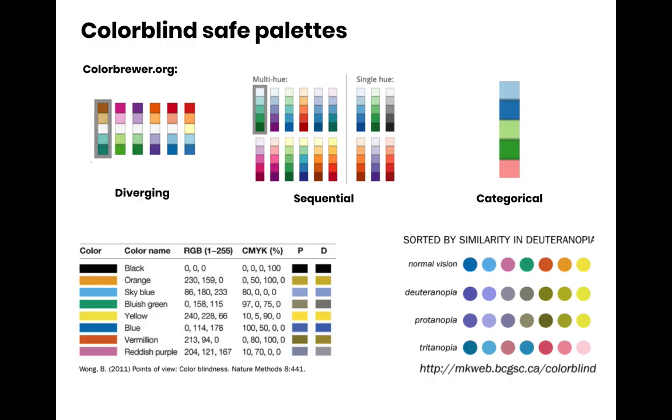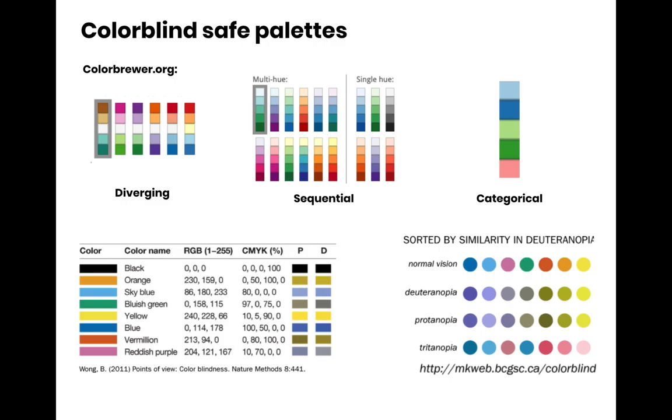So how to choose a colorblind safe palette? Of course, you can always upload your visualization, and this is also recommended. But there is a set of predefined color scales that are good. For example, if you go to colorbrewer.org, it gives you a little checkbox where you can say, I want only colorblind safe scales, and it will give you only those color scales that are colorblind safe.